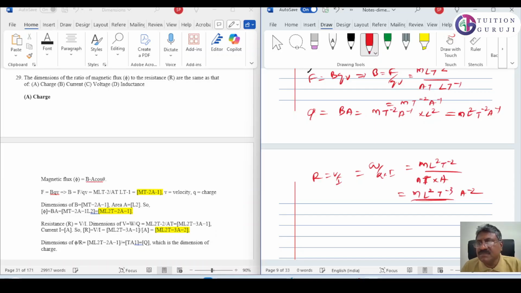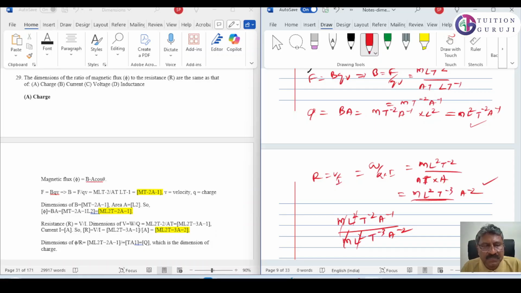So the ratio of magnetic flux to resistance: magnetic flux we received here, and resistance we received here. So magnetic flux M L² T⁻² A⁻¹ divided by M L² T⁻³ A⁻². So M will get cancelled, L² also will get cancelled.